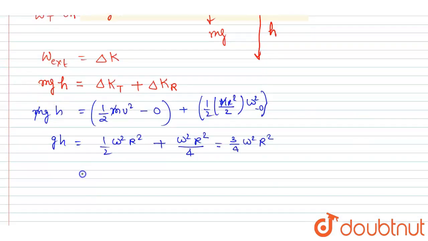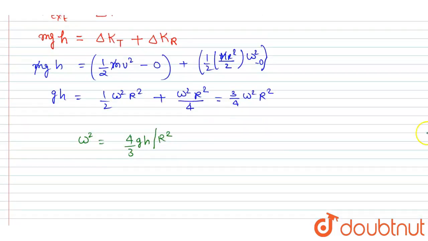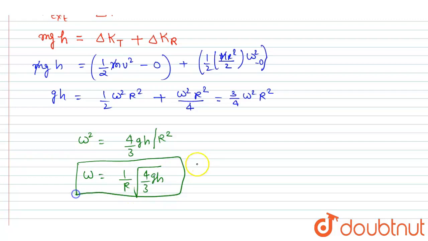You will write omega square is equal to 4 by 3 gh into r square. Now so r will be in division, right? Now if you take root both sides, you will get omega is equal to 1 by r under root of 4 by 3 gh, and this will be your answer.